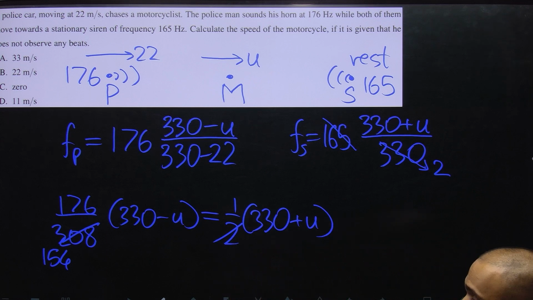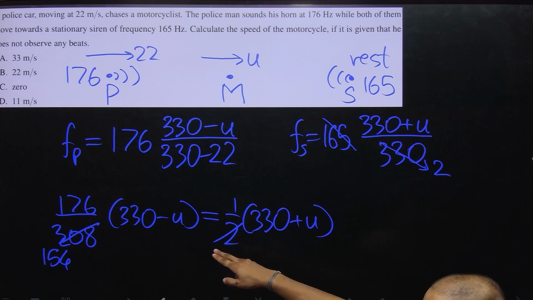176 upon 154, if you calculate quickly, let me take my calculator and calculate 176 upon 154. 176 divided by 154 gives us 1.143. 1.143 into 330 will be 377. So we can take 1.14 to the other side.